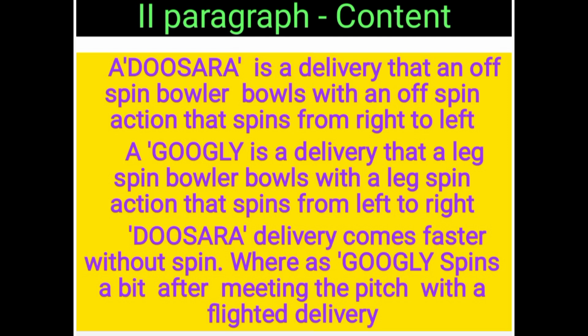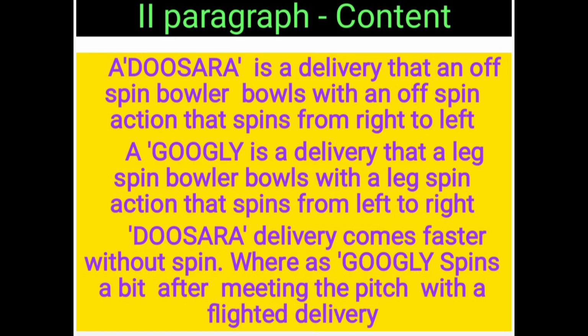Now we are giving detailed information about Googly and Dusra. So what is Dusra? It is given here. Dusra is the delivery that an off-spin bowler bowls with an off-spin action that spins from right to left. And now what is Googly? Googly is a delivery that a leg spin bowler bowls with a leg spin action that spins from left to right. Okay.